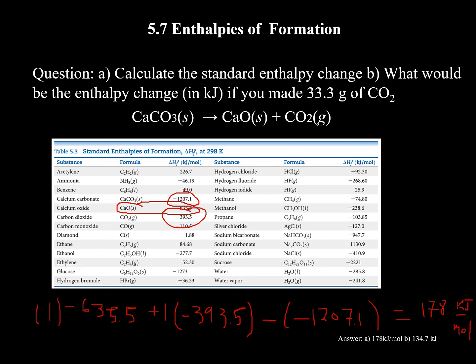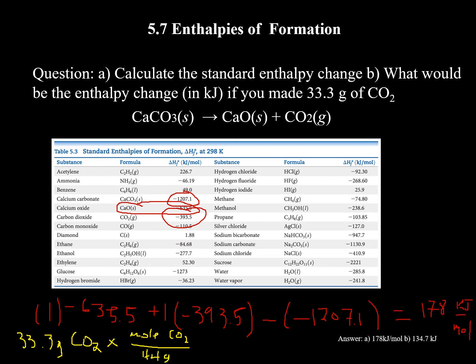So that's part A. Part B is asking you what would be the enthalpy change in kilojoules if you made 33.3 grams of CO2. So here we have to use some of our knowledge from chapter 3. We have 33.3 grams of CO2. We need to divide by the molar mass to get our moles. So we would divide by 44, moles of CO2 on top, and on the bottom, we have 44 grams.